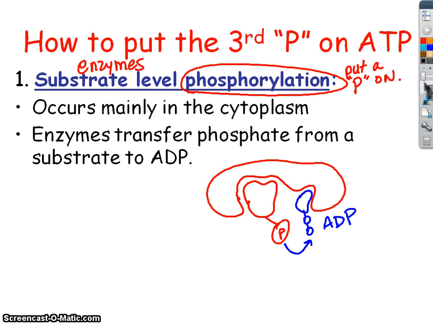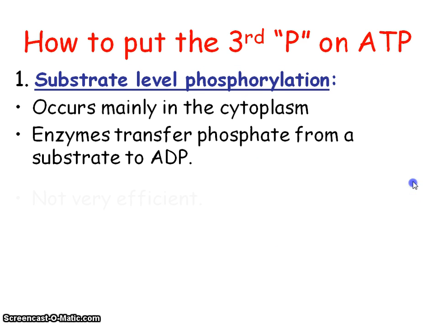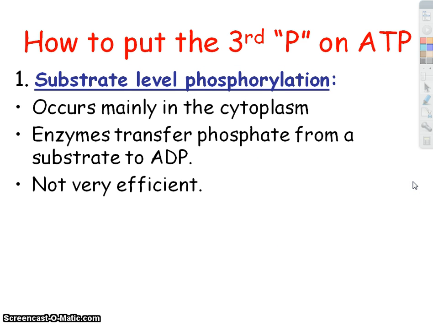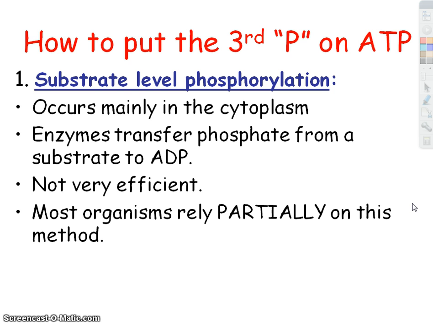And it involves enzymes. The problem is it's not very efficient. Making ATP in this way, one at a time, you're not going to make a lot of ATP. But most organisms, including us, rely at least partially on this method of making ATP.